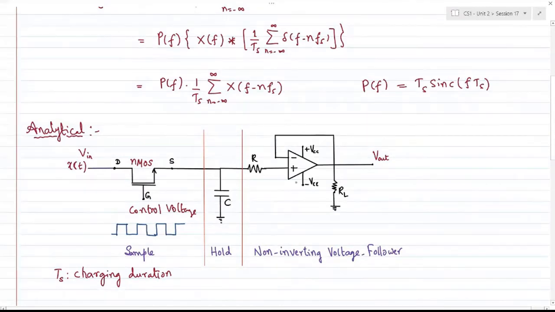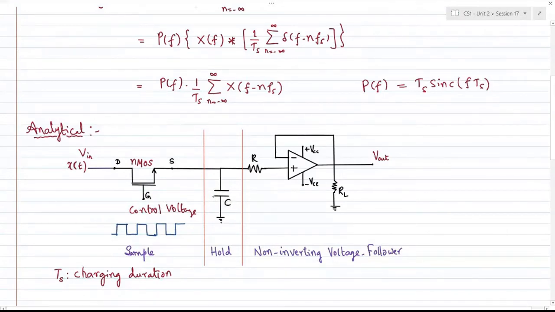The purpose of attaching this voltage follower at the source end of the NMOS is this: whenever the control voltage is off, whenever there is no supply to the gate, the transistor is turned off, so the switch is open. So when there is no signal passing from drain to source, the voltage stored in the capacitor tries to discharge.